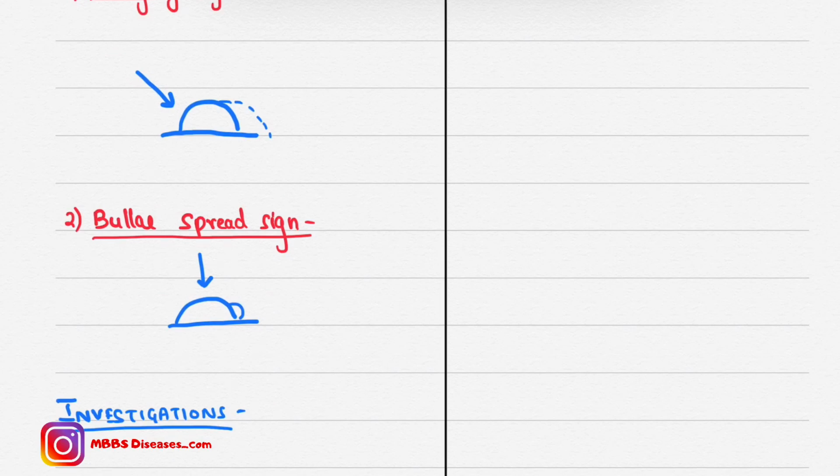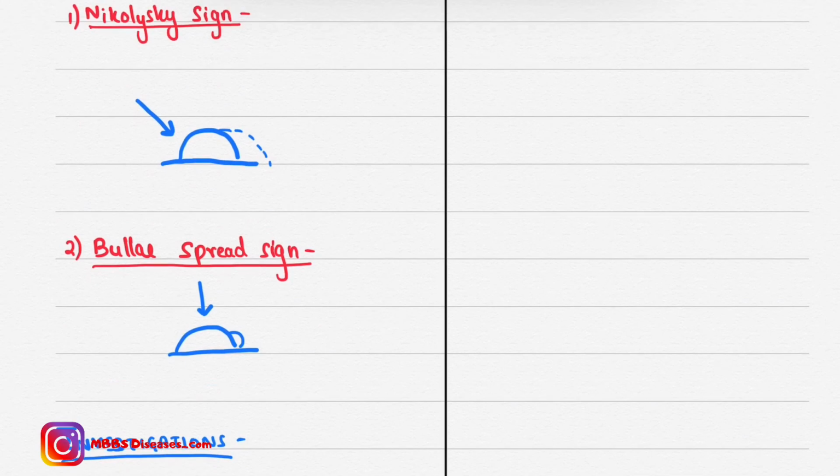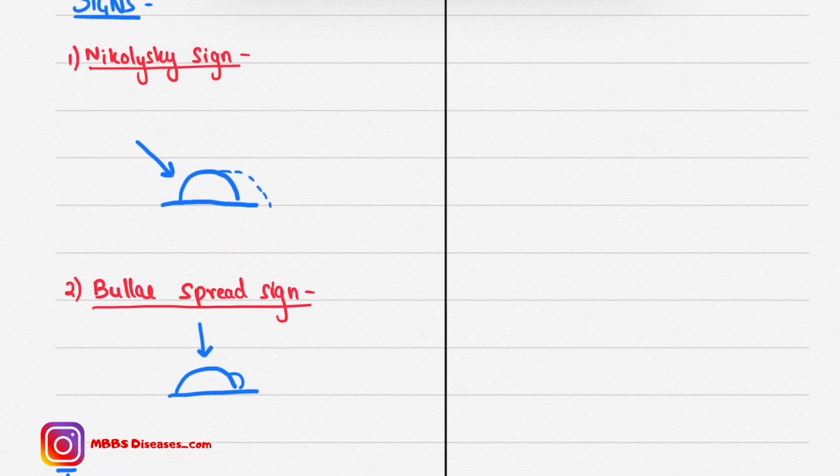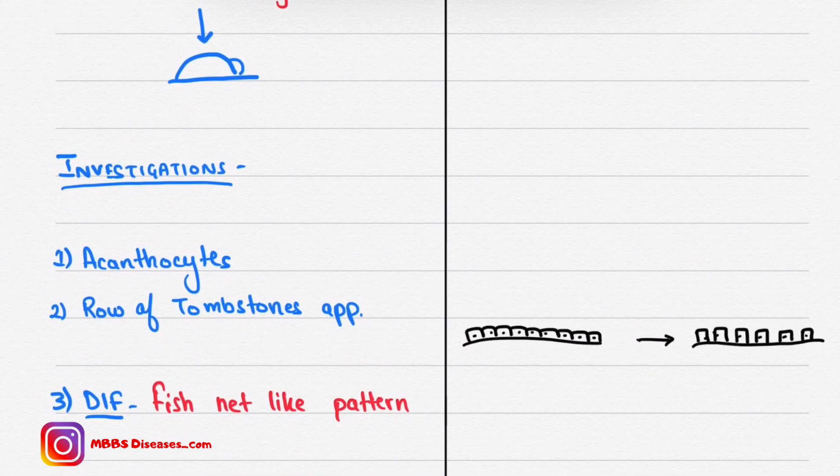So this is the bulla split sign. These signs are present in both Pemphigus vulgaris as well as Pemphigus foliaceus, but Nikolski sign is more present in Pemphigus vulgaris as compared to Pemphigus foliaceus. Now coming to the investigation part.